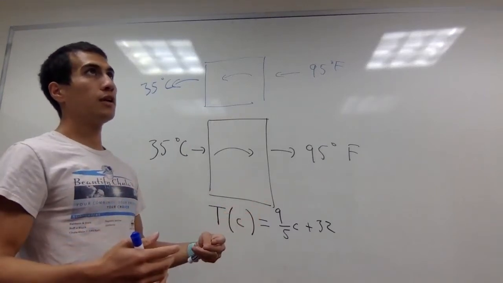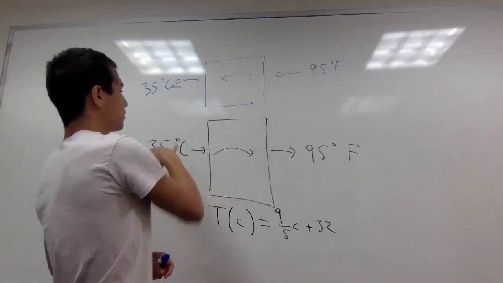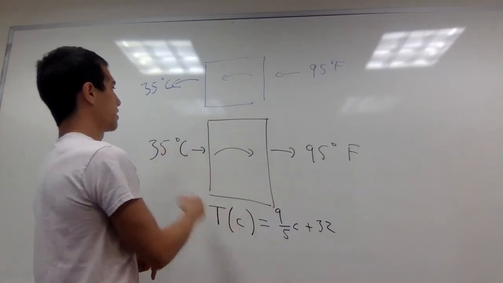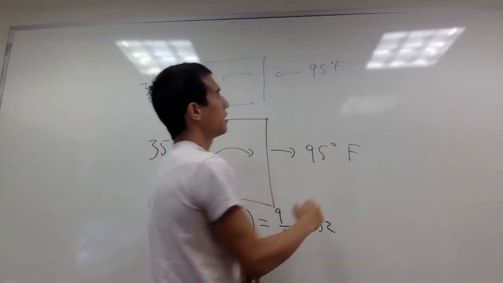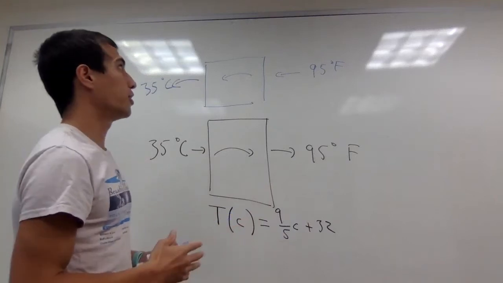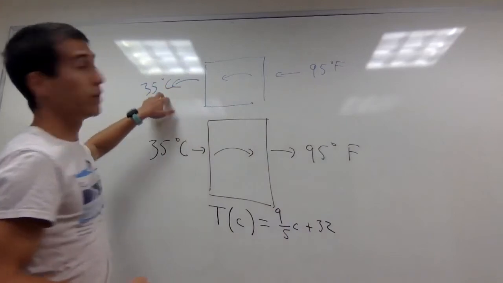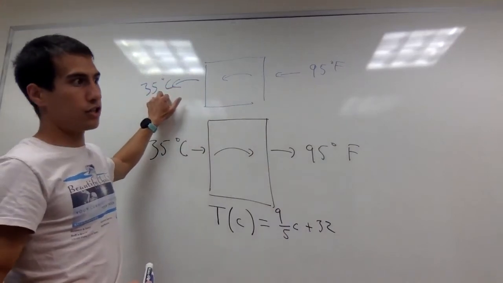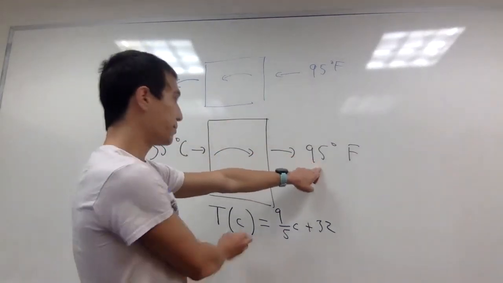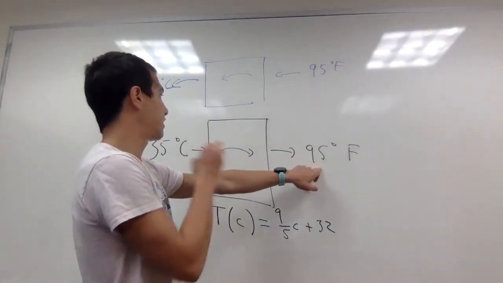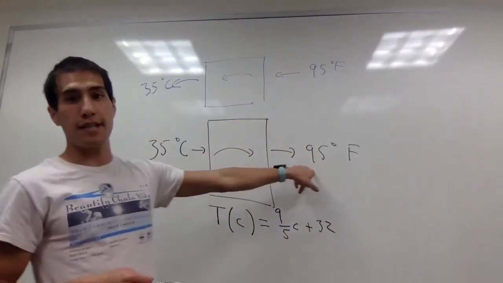And the key point here is that this first function is a function, right? So if I put in an input, I get a unique output. The key point is with this particular example, if I give you a degree Fahrenheit, it corresponds to a unique degree Celsius. So for this output of the temperature function, the function T here, the Celsius to Fahrenheit function, there is only one input that maps to that output.